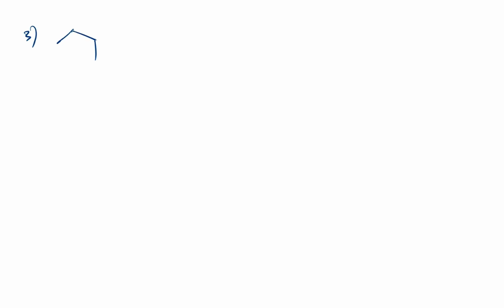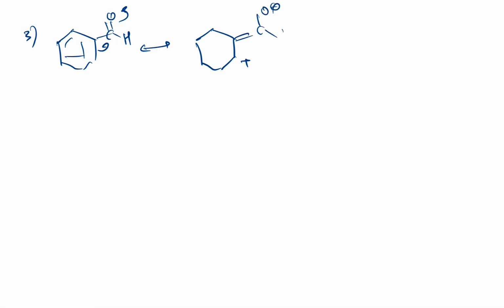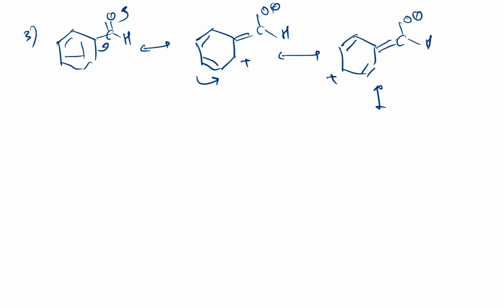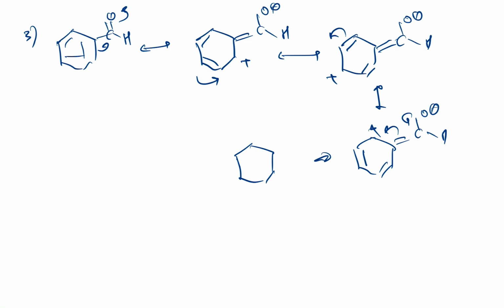Third, let's say we have benzaldehyde. First this will shift over here. Now the initiation of resonance will be from here: positive, C-O negative, then H, and positive with double bond, C-O negative, then H. Here also positive, double bond, C-O negative, then H. Then the bond will go here, and it will form C double bond OH.